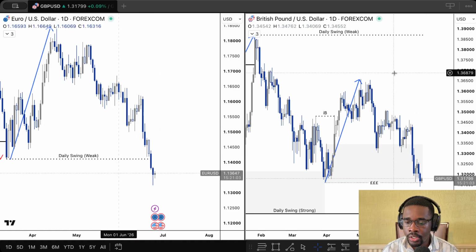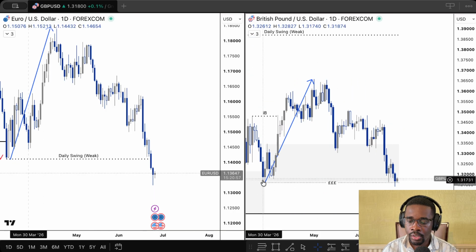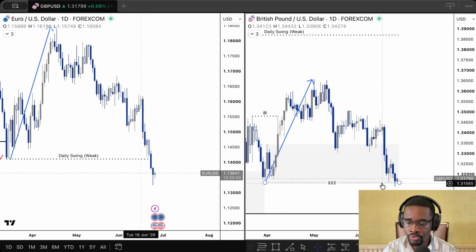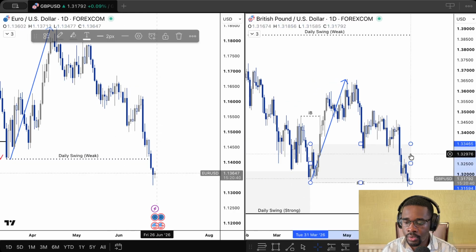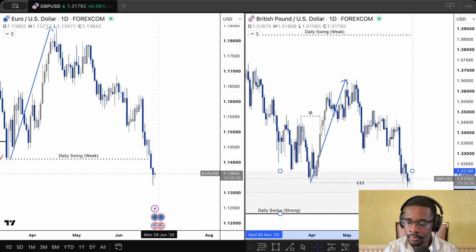And then for the pound, GU, we have met that objective. We have these very difficult lows, and then price did sweep those lows, and then it's come back inside the range. So this demand has now failed, and now we have mitigated.